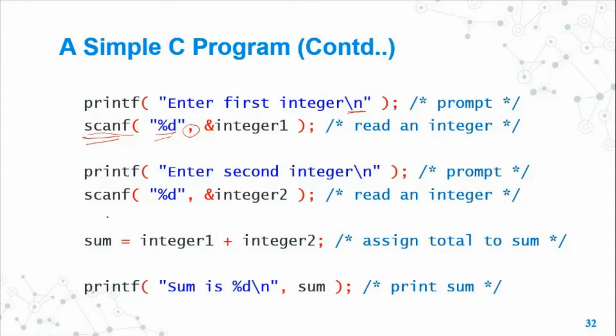Then we do the operation. Integer 1 has some value and integer 2 also has some value. These two values are to be added together and assigned to sum.